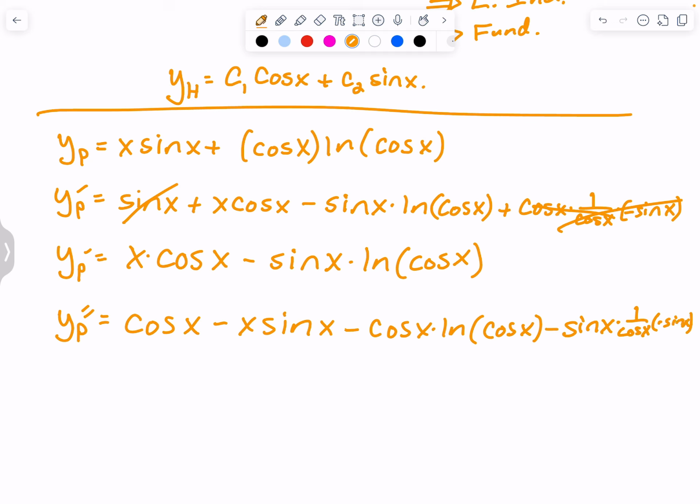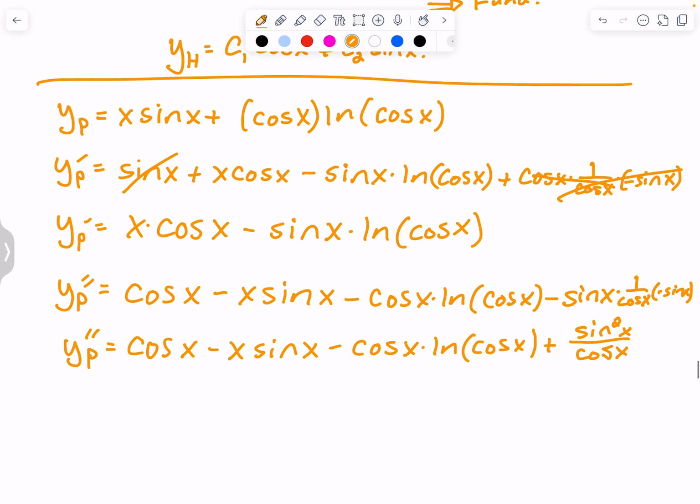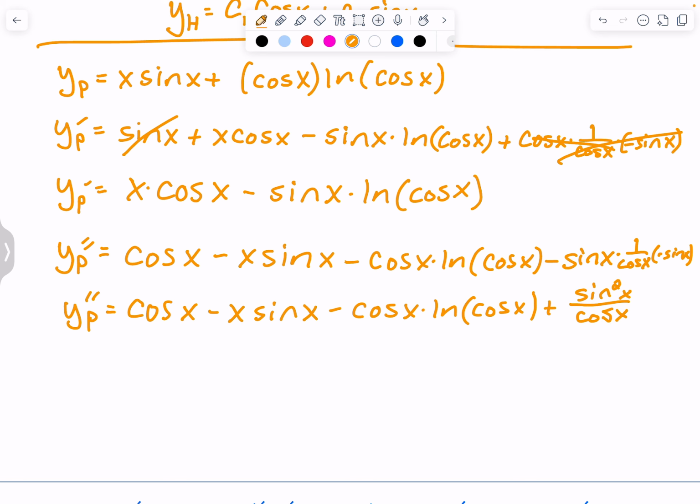So I'm going to get y double prime. Does anything cancel? No, things are just gross: cosine x minus x sine x minus cosine x times ln of cosine x, and then plus sine squared x over cosine x. I know I could change that to something, but I think some things are going to work out in our favor.